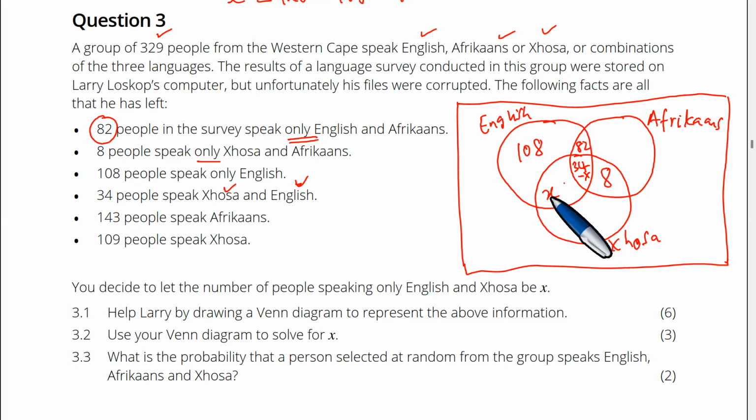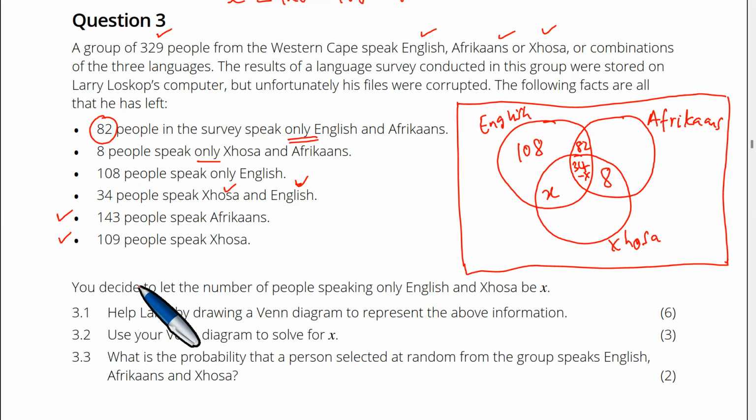So when you add this up, you get 34 people who speak Xhosa and English. Right. So 143 people speak Afrikaans. Now this is very interesting because it gives us a total. And also 109 people speak Xhosa. So these are the giveaways we normally consider.